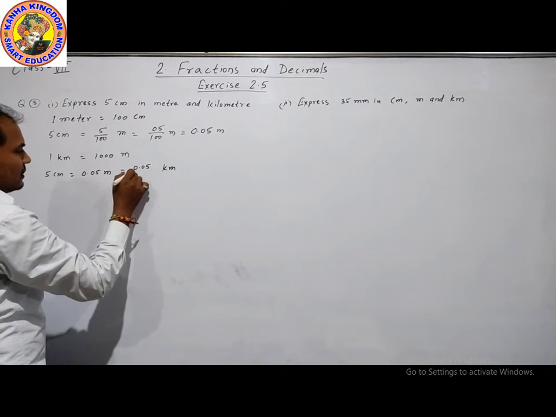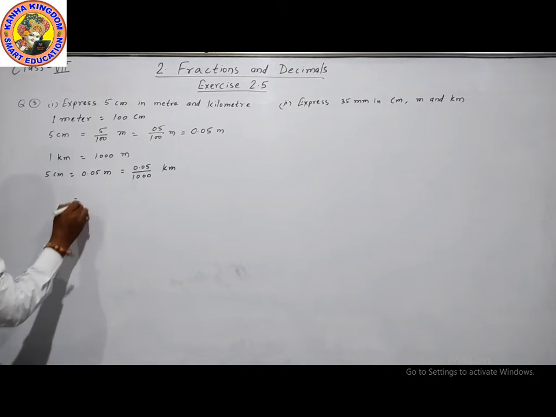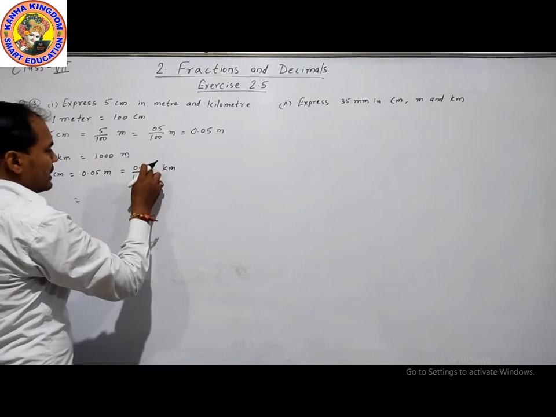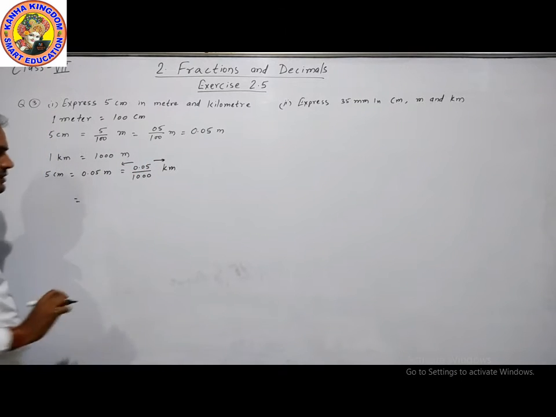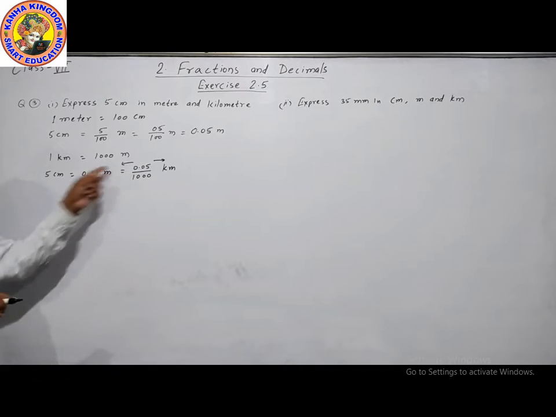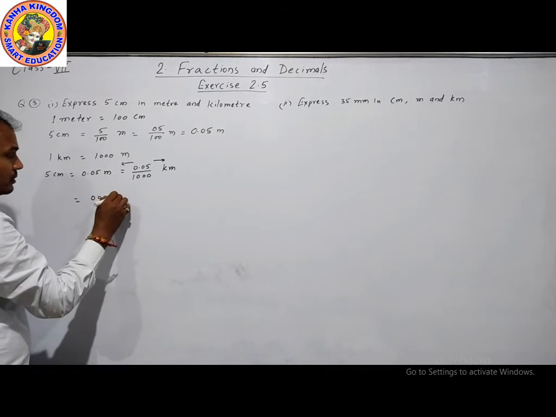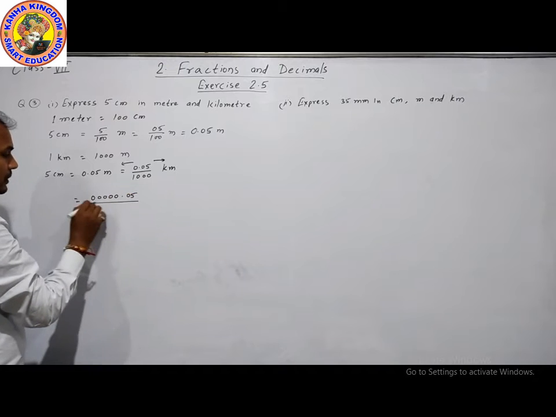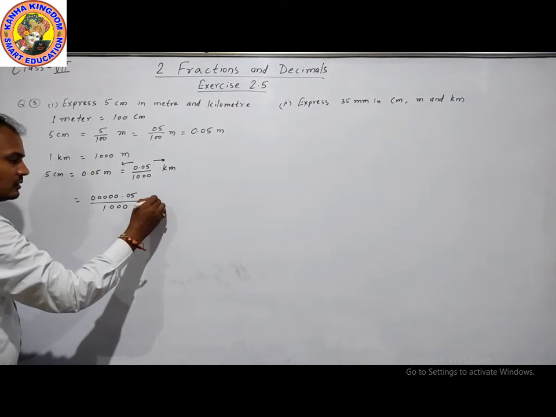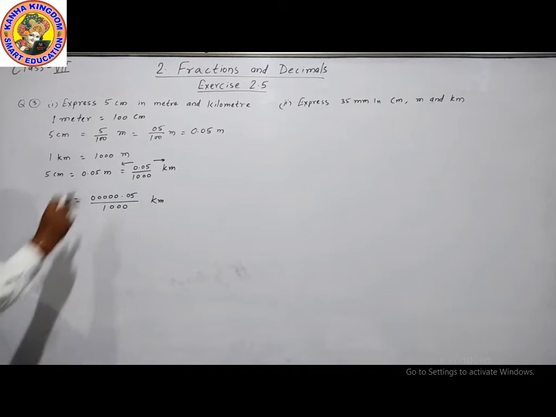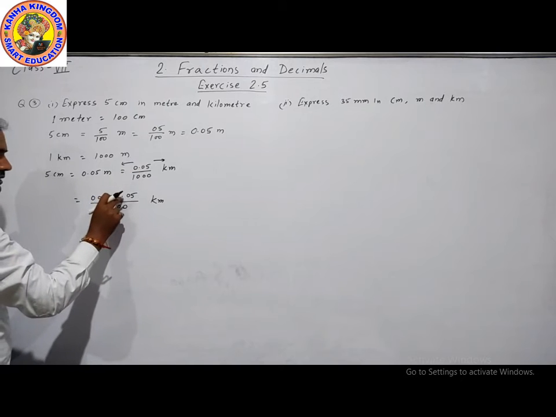0.05 upon 1000. Now in the decimal part we can add zeros here. So we will add zeros here. 0.05 upon 1000. Now this 0 can be written as 0000, then decimal point 05.